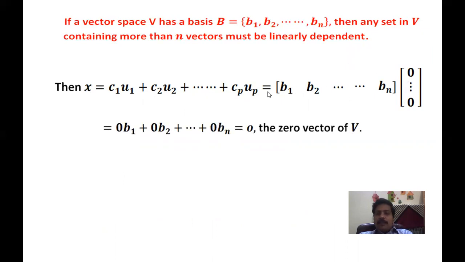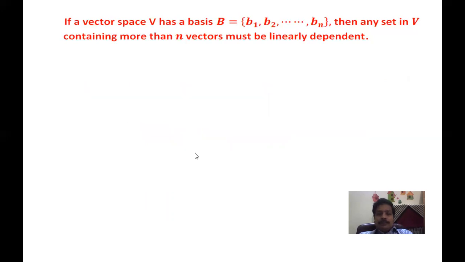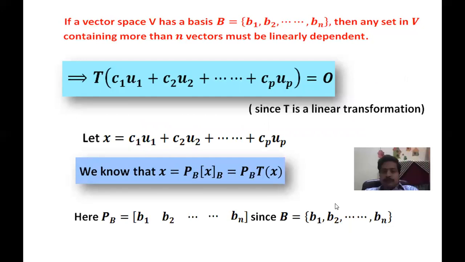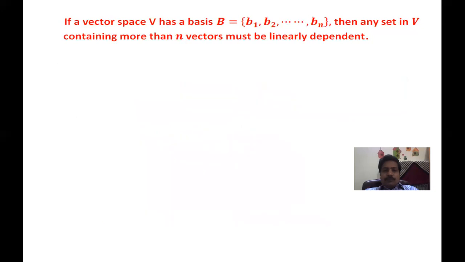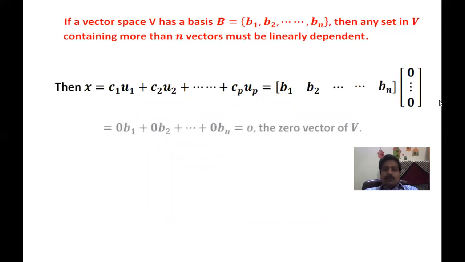After multiplying these two, we will get 0 into B1, 0 into B2 and so on 0 Bn. Since all the vectors in this relation are 0 vectors, we will get a 0 vector of vector space B. The 0 vector of a vector space is denoted by O.